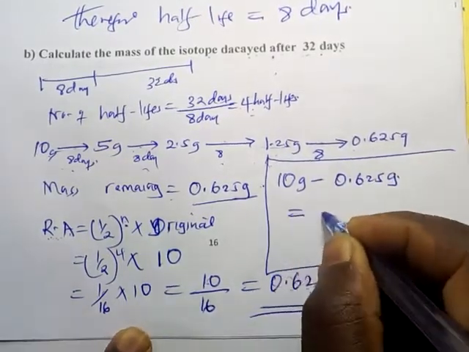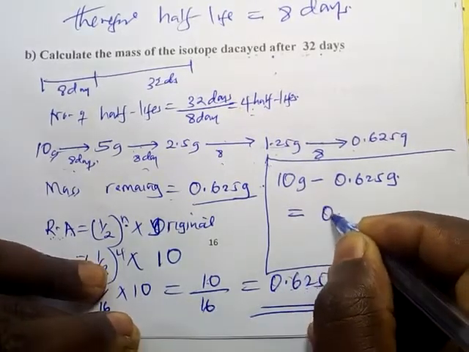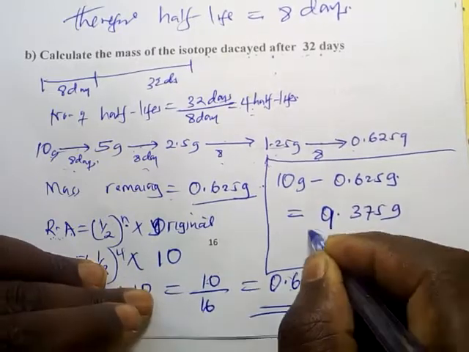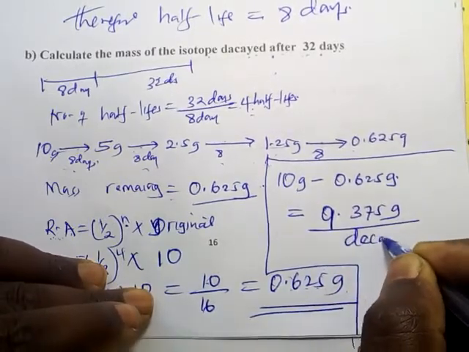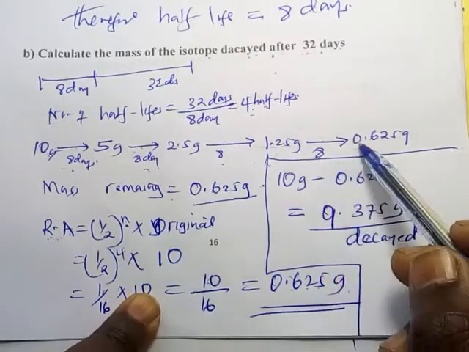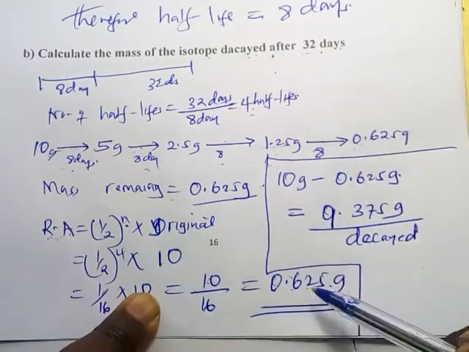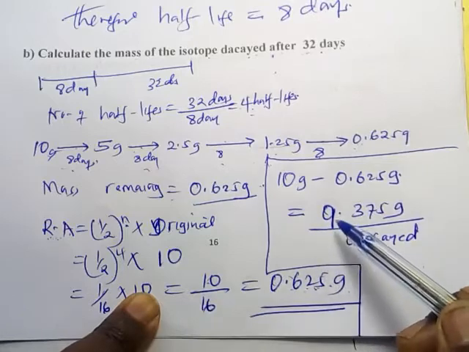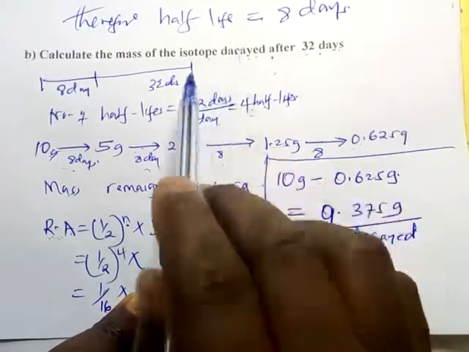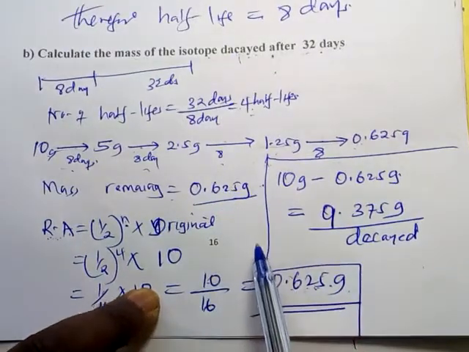That one will give you 9.375 grams. This is the mass that decayed. So you realize that most of them will leave the answer at 0.625, the remaining amount, yet the question was asking you to calculate the mass that decayed. So you have to get the question right.